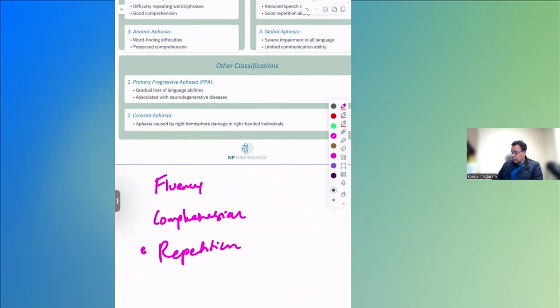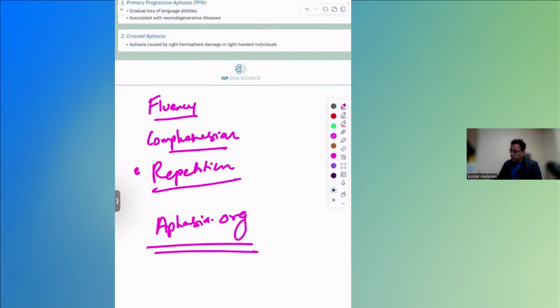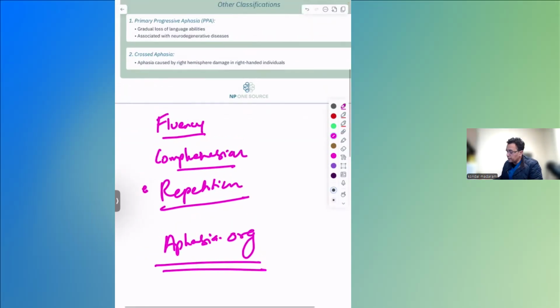These are the three factors which help you find out which kind of aphasia it is. And if you go to aphasia.org, you will find the chart, and they have done a good job in helping us understand.